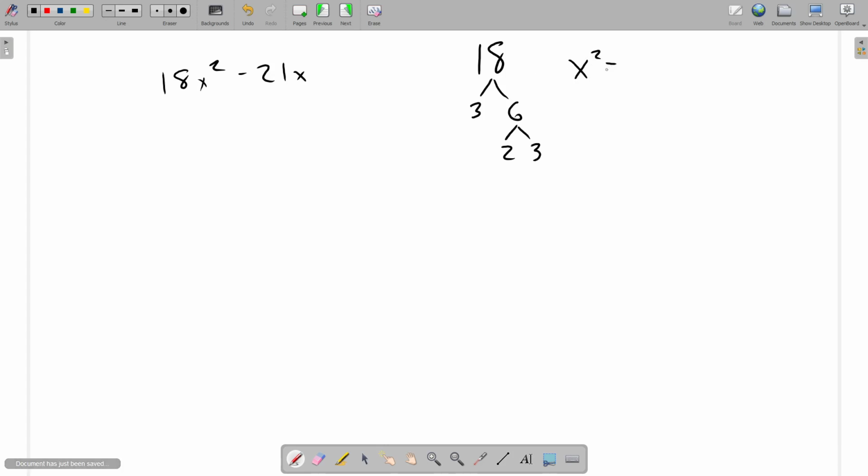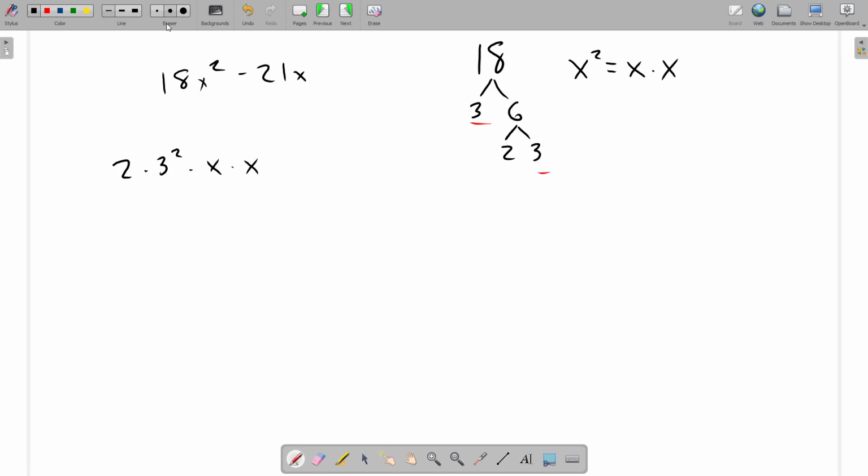Well, x squared is x times x. So what I'm going to do is rewrite this 18x squared as 2 times 3 squared, because I have 2 3's, times x times x.